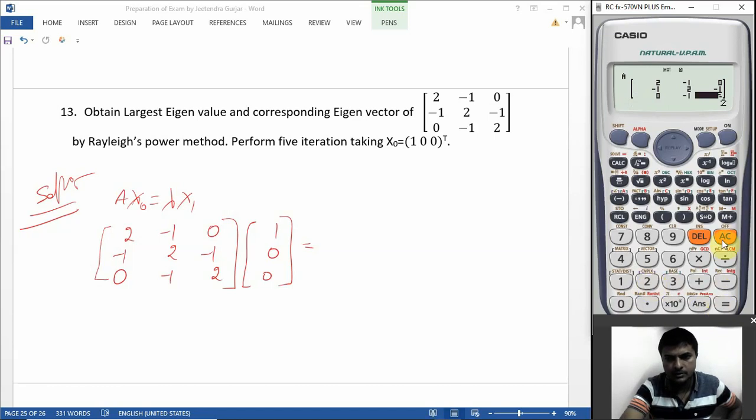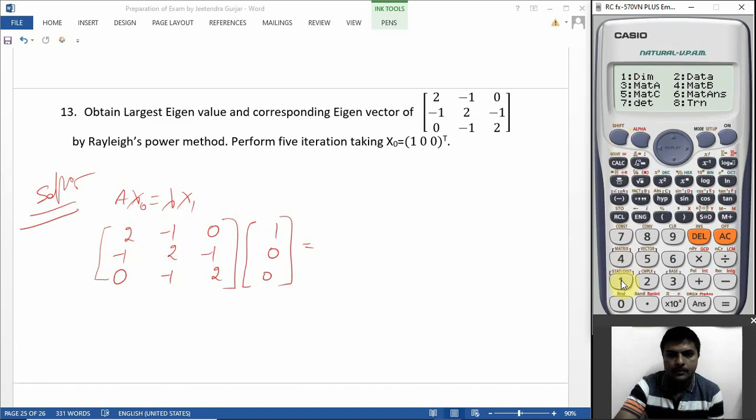Why one and a half? We will change it to 1, -0.5, 0. So we can put it in the calculator. A remains as it is, no change in A. So in your calculator A is already fixed. Don't change the A value, only change the B value. So press AC. Again repeat the same procedure: shift 4, 1, 2, 3.